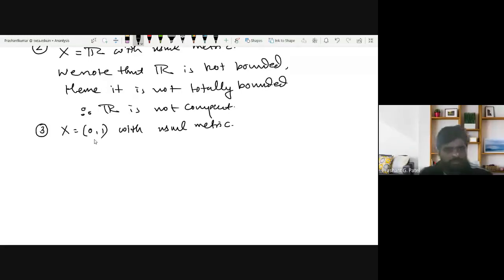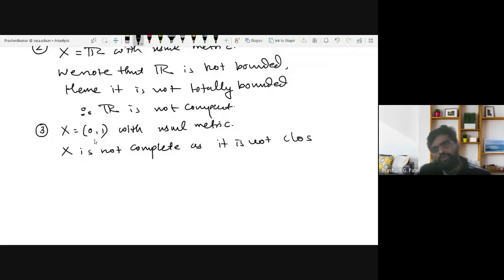This set is not closed because 0 is a limit point of this set which is not in the set. So X is not complete, as it is not a closed subset of R. Therefore, X is not compact.